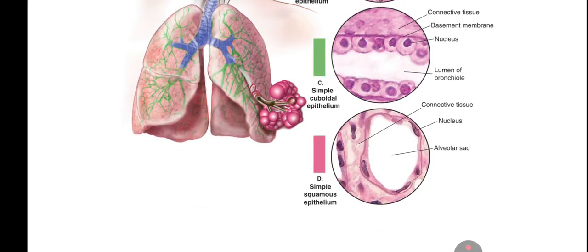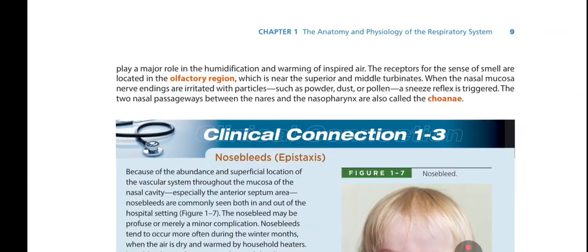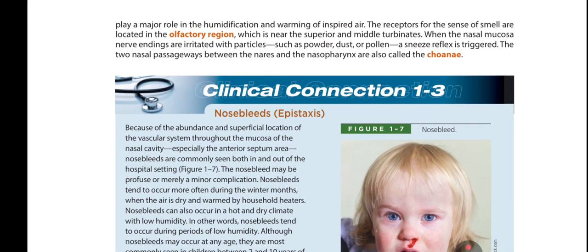Okay, so here's that. The sense of smell, the olfactory regions, are near the superior and middle turbinates. When the nasal mucosa or nerve endings are irritated with particles such as pollen and dust, the sneeze reflex happens.